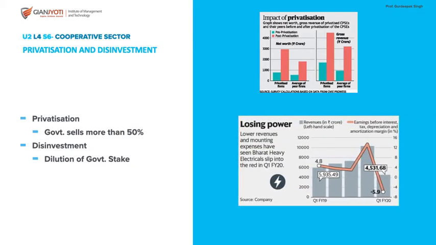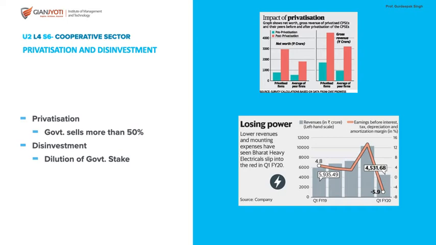If I take one public sector enterprise, Bharat Heavy Electricals, the government has made a huge investment, and it has been doing well. If we compare the revenues from the first quarter of 2019 to the first quarter of 2020, the earnings have gone down from 4.8 to minus 5.9.